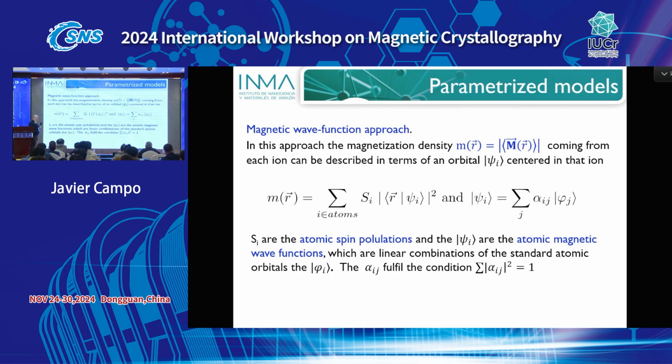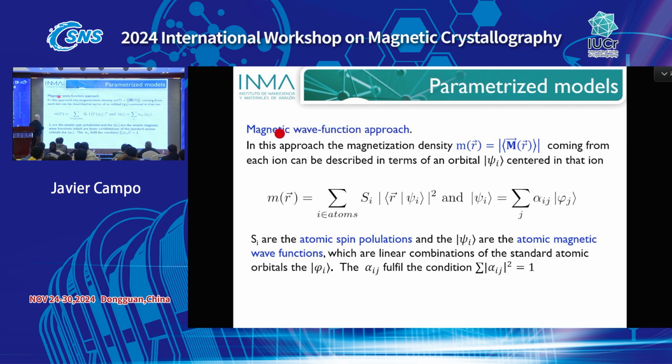This was maximum entropy and Fourier direct methods. We can use parameterized models. That means indirect methods, in which we are modeling the spin density by using, on one side, the magnetic wave function.